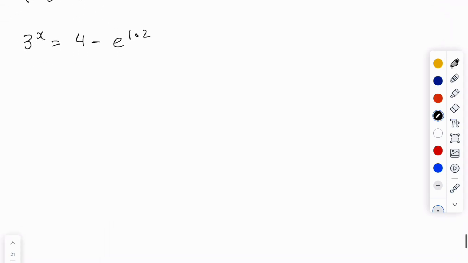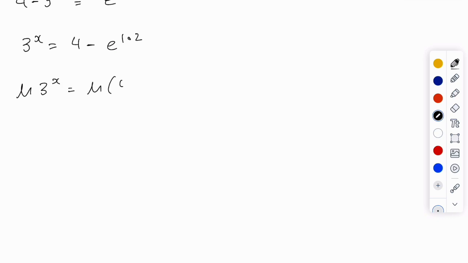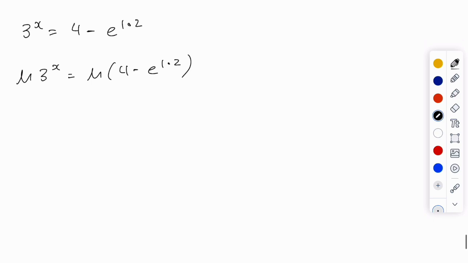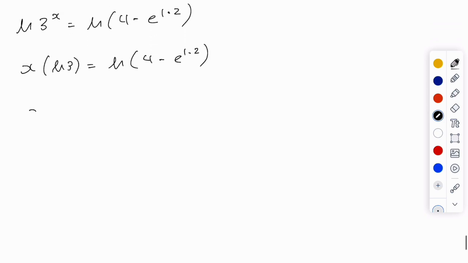So I can take ln of both sides again. So ln of 3^x is equal to ln(4 minus e^1.2), which then tells me that x times ln 3 is equal to ln(4 minus e^1.2).